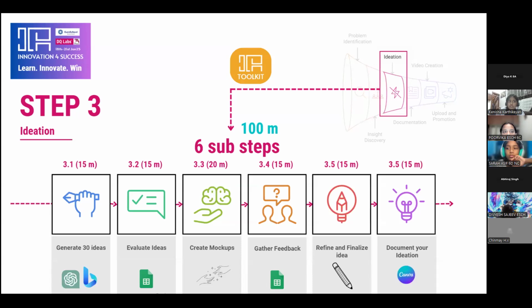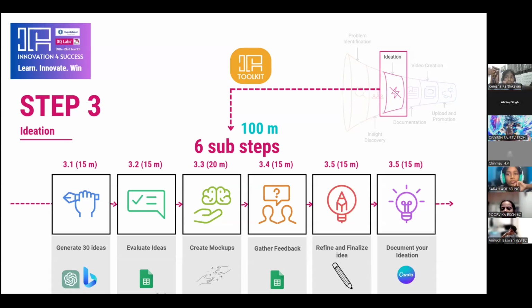For example, if you think that just one of those ideas is feasible, then you'll have to go ahead with that. Again, you'll be given a Google Sheet, which will help you to evaluate these ideas and choose one out of the different ideas that you have come up with.